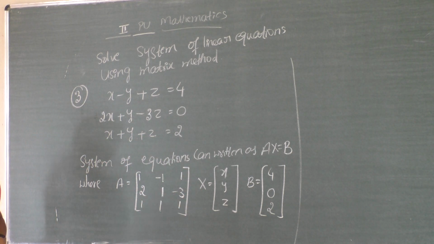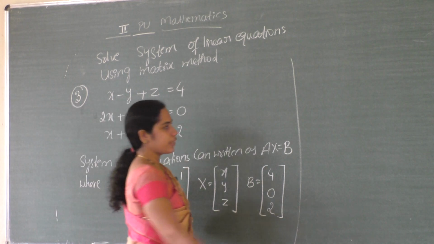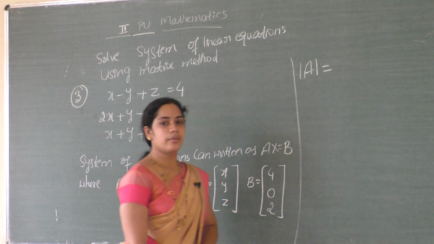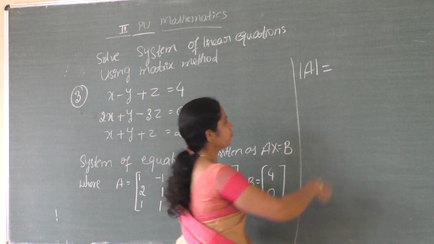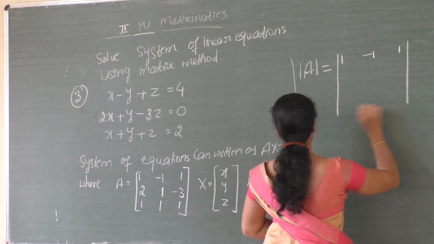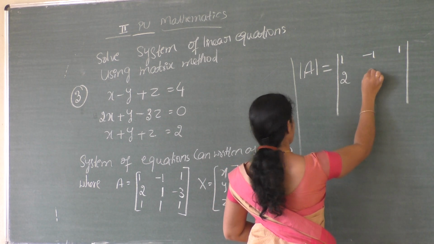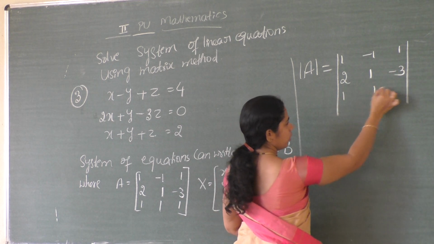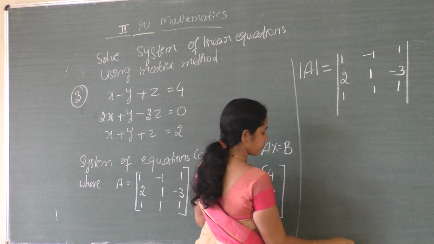Now we'll find the determinant of A, the determinant of 1, -1, 1; 2, 1, -3; 1, 1, 1.